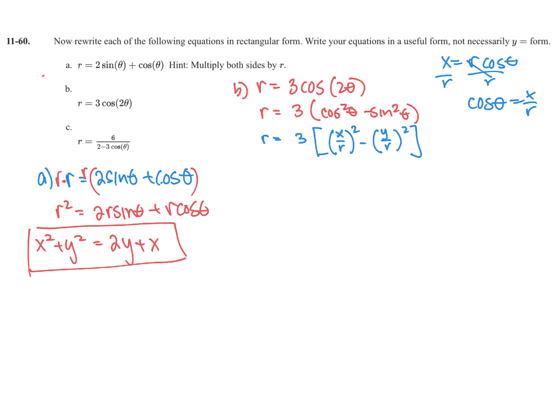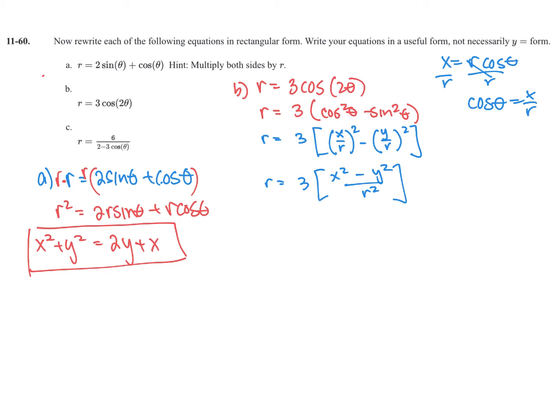All right, so from here, I'm going to go ahead and do some expanding so I can get this in a form that maybe I can use. So r equals 3, and then what I have here is x squared over r squared minus y squared over r squared. So bringing it together, that is what I have. Now, I'm going to start rewriting the r's.